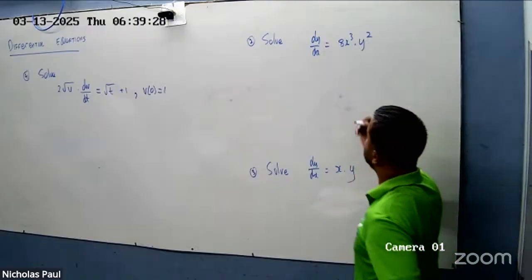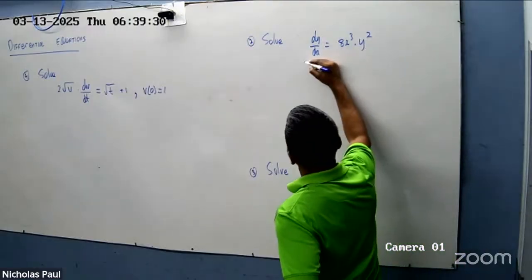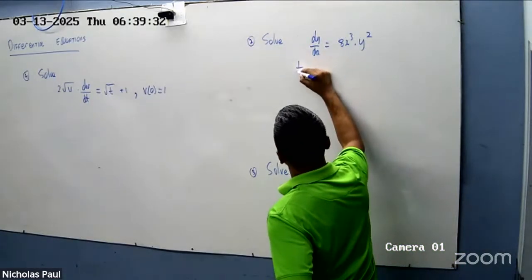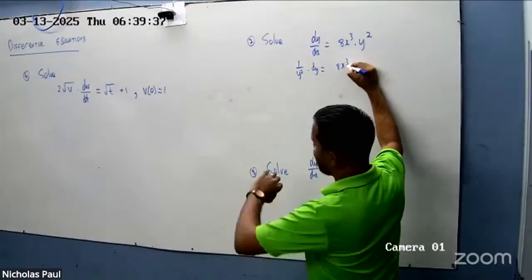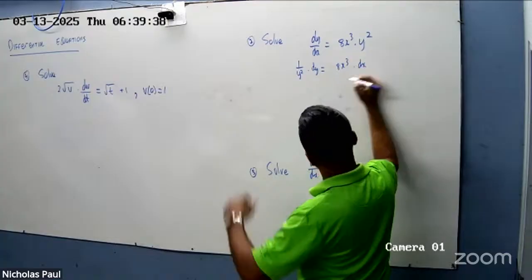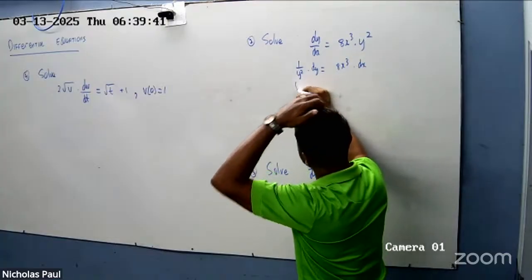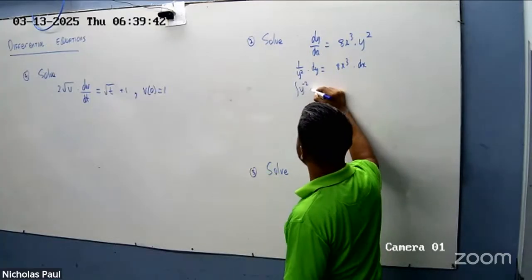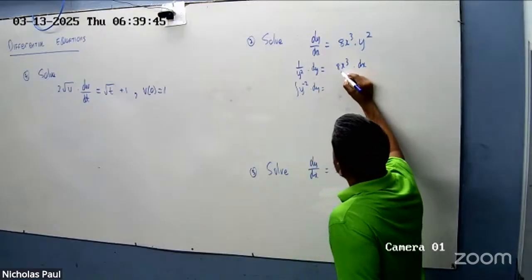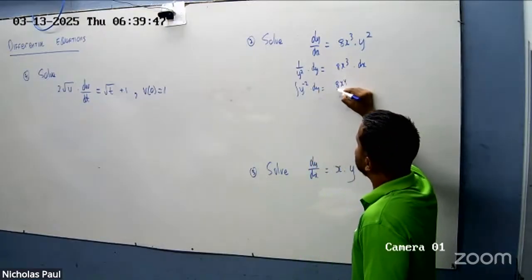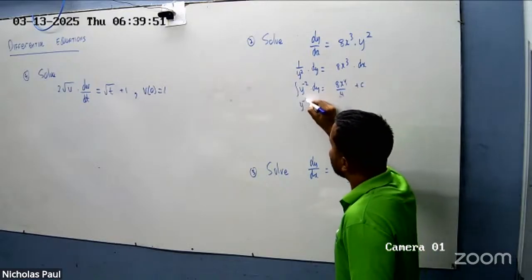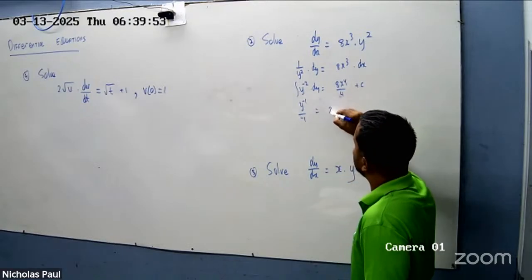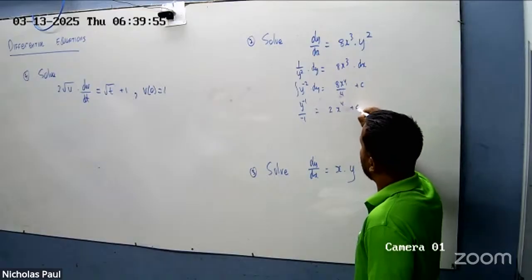So you'll bring the y's on this side, so that'll be 1 on y squared dy is equal to 8x cubed dx. When you integrate this, you're integrating y to the minus 2 dy. When you integrate this, you'll get 8x to the 4th on 4 plus c. This will give you y to the minus 1 over minus 1, 2x to the 4th plus c.